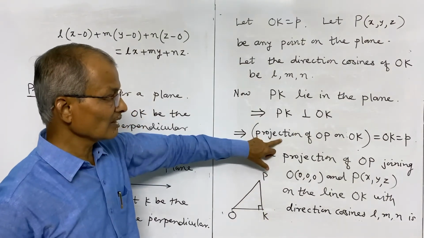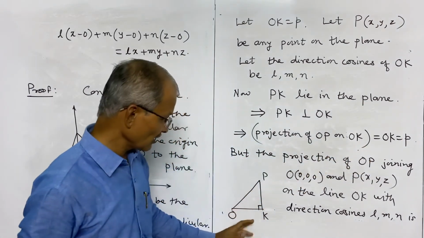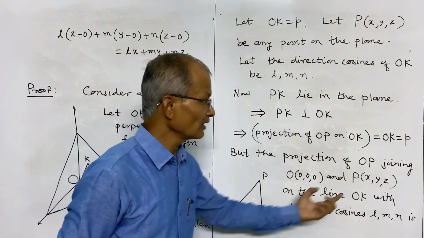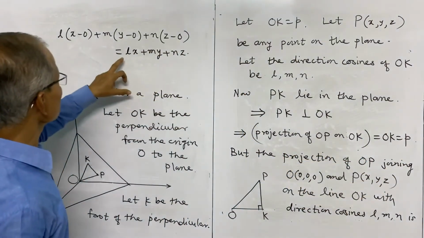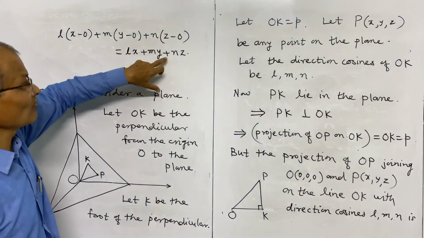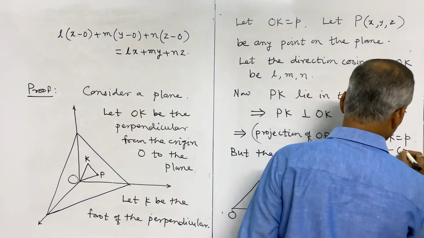But what we have written here, the projection of OP on OK, because it is perpendicular, is simply OK, and that is p. So this projection is equal to p, but the projection is also Lx plus My plus Nz, and we may suppose this as 1.